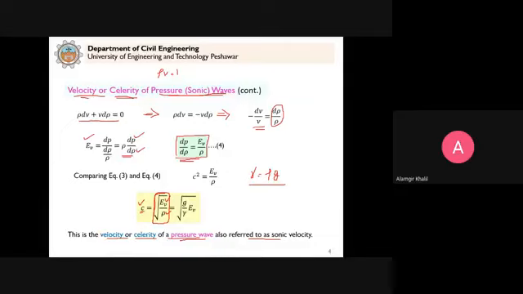So in that case, this velocity is not actually the velocity of a physical matter. This is the velocity of a wave. That's why it is given the name celerity. We can call it velocity or celerity of pressure waves.